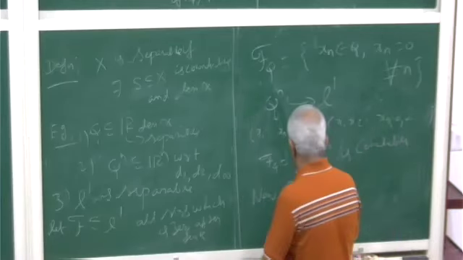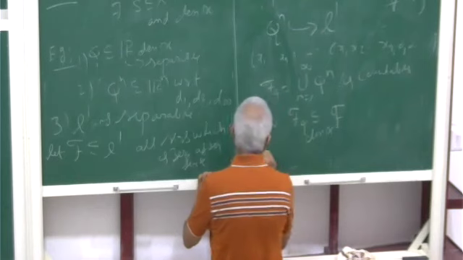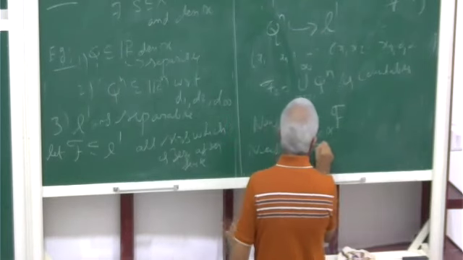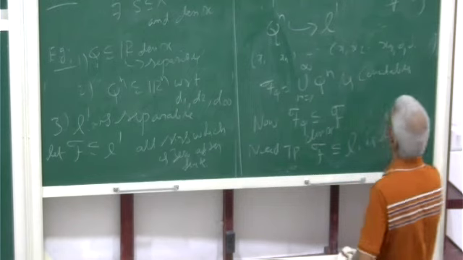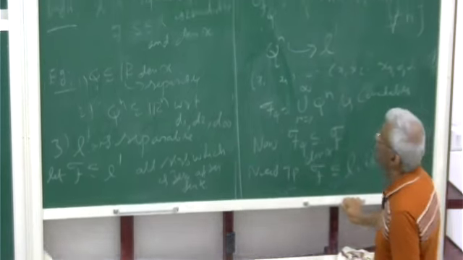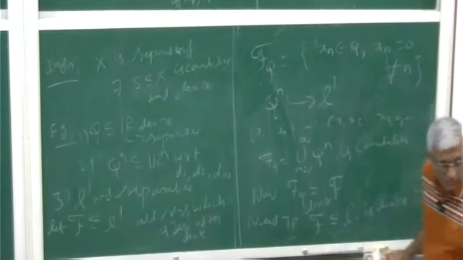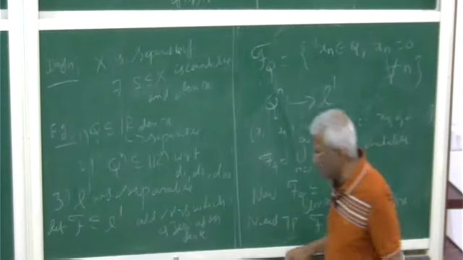So all we need to prove is that F contained in L1 is dense. Right? That is what we need to prove. We need to prove this, right?